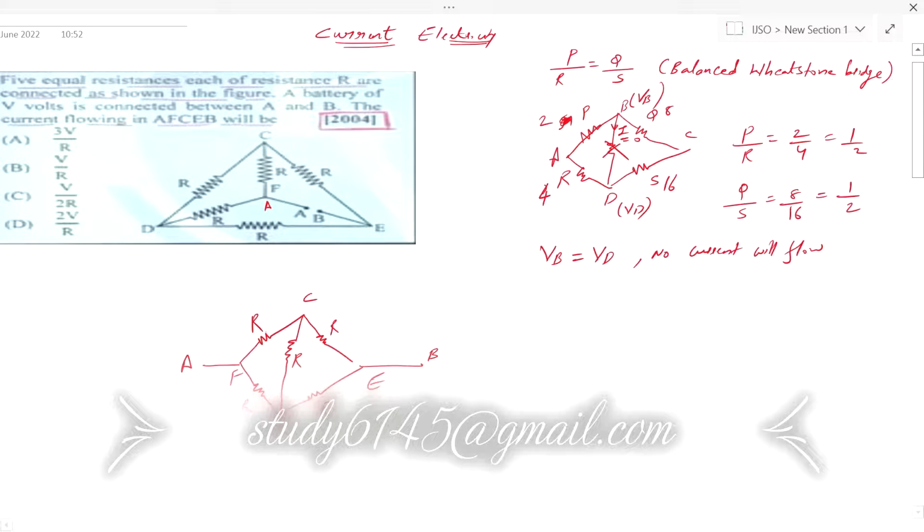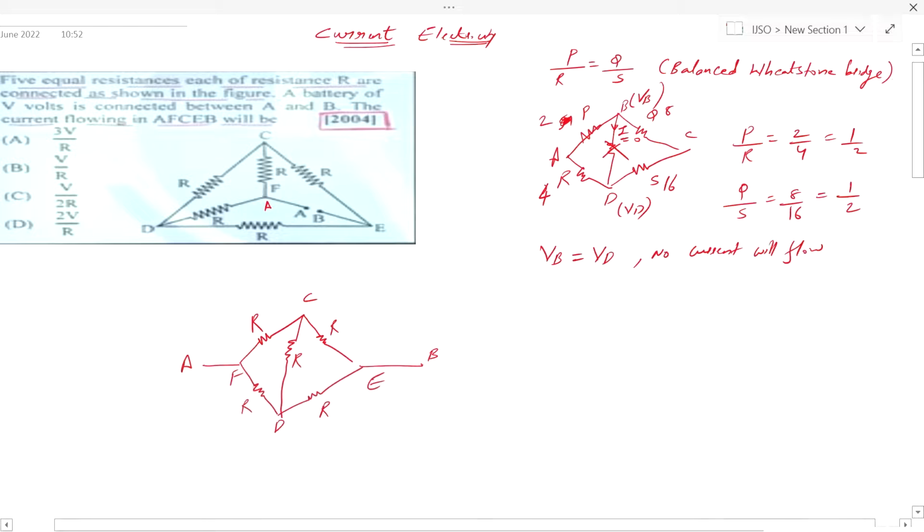As the ratio of this is equal to this, we can write it like this. This is the case for P, Q, sorry, R and S. So P by R is equal to Q by S. So this is the case for balanced Wheatstone bridge.